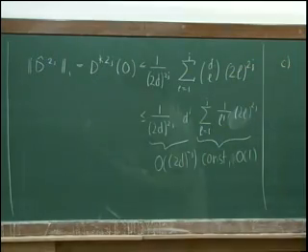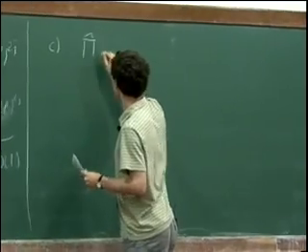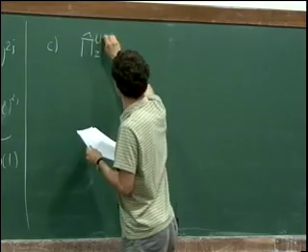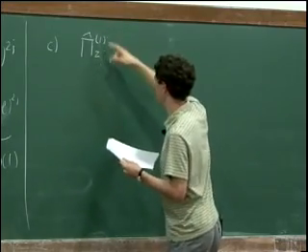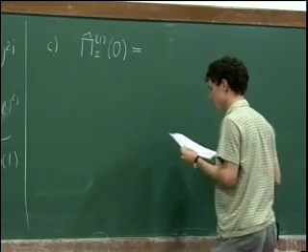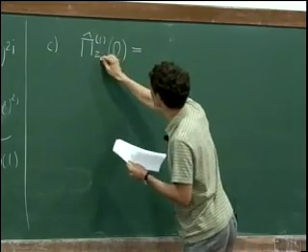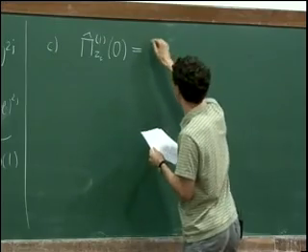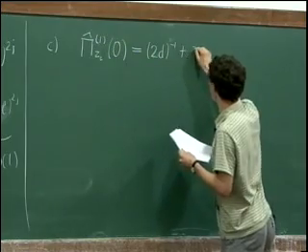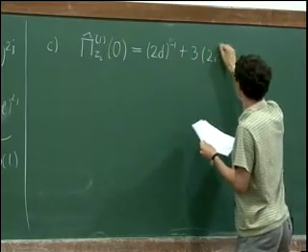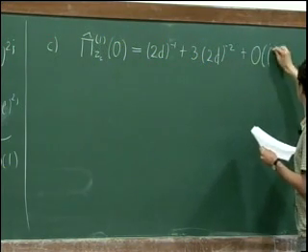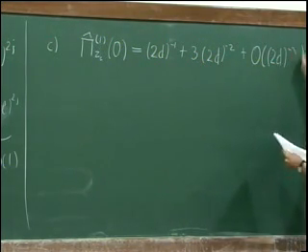So part C is pi hat Z1 at 0 is equal to C critical is equal to 2d inverse plus 3 2d minus 2 plus O 2d minus 3.